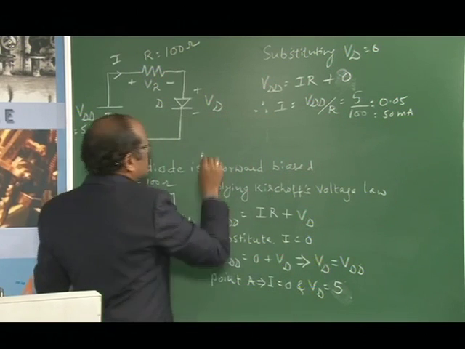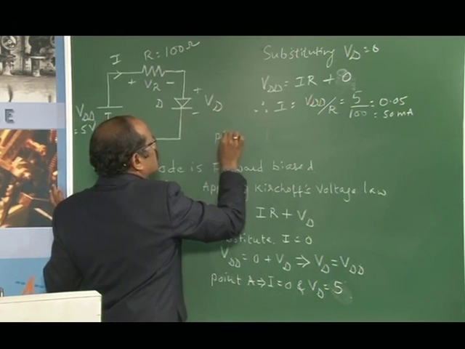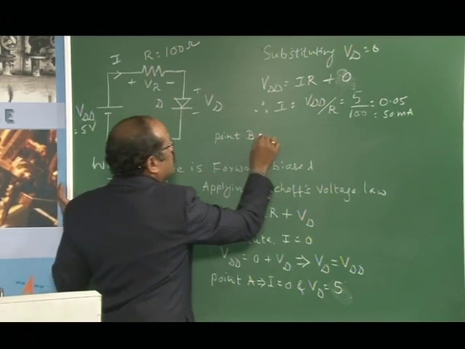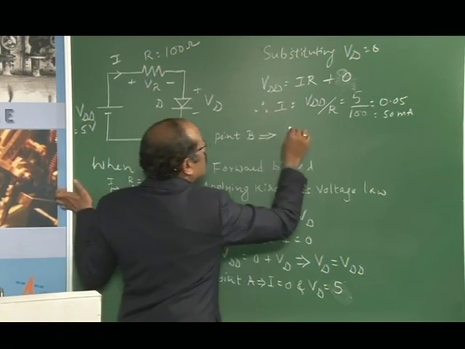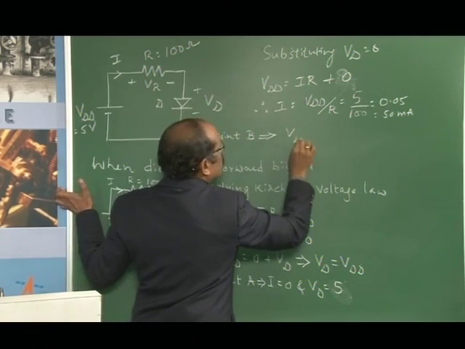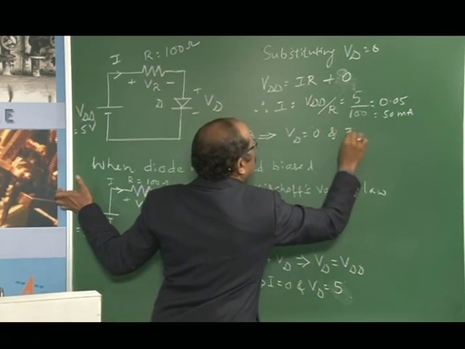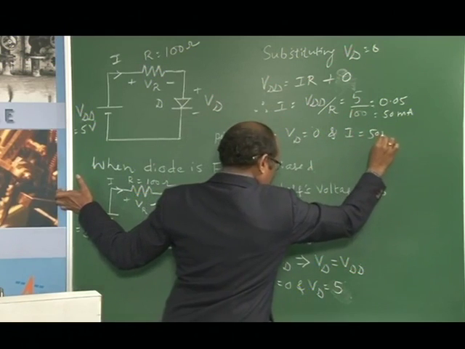So we get one more point, the extreme point of the DC load line, that is point B, which corresponds to VD equal to 0 and I equal to 50 milliampere.